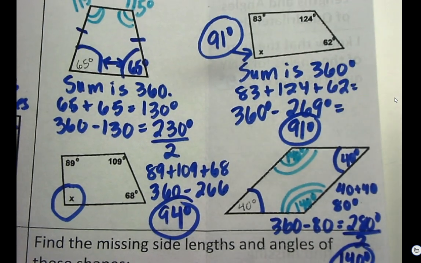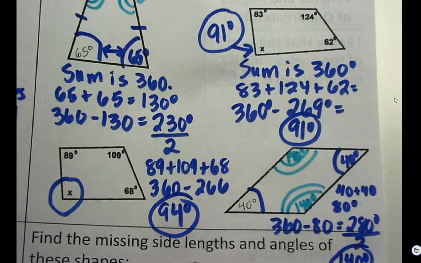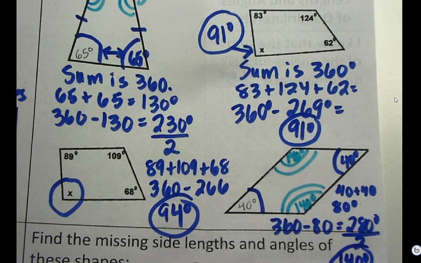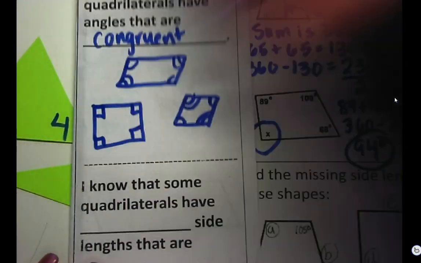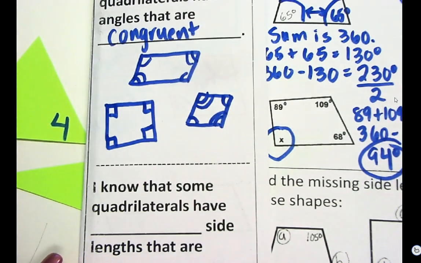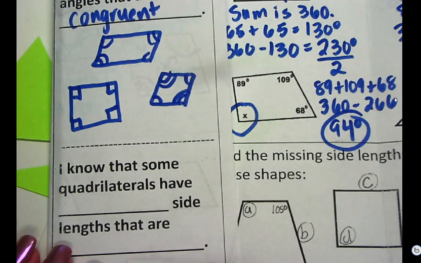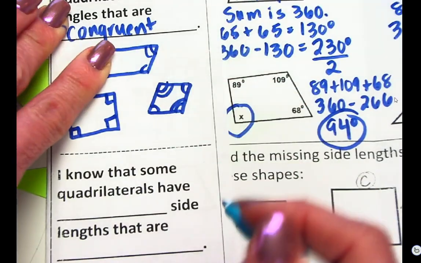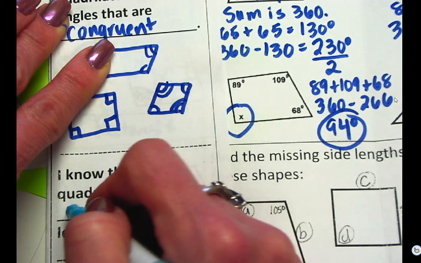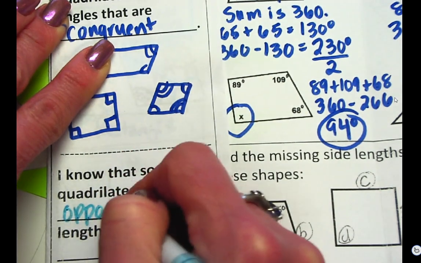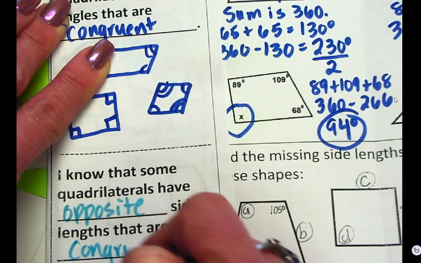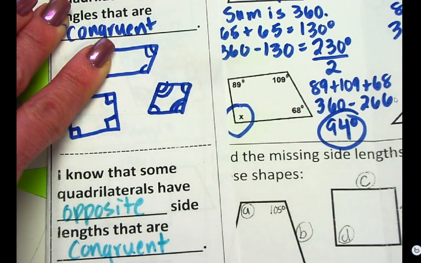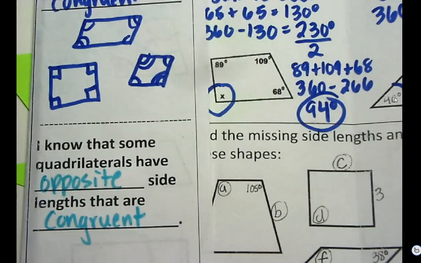Now the last thing that we're going to look at is missing side lengths. Over here, I know that some quadrilaterals have opposite side lengths that are congruent. Okay? I know that sides are congruent, so I can get missing side lengths.